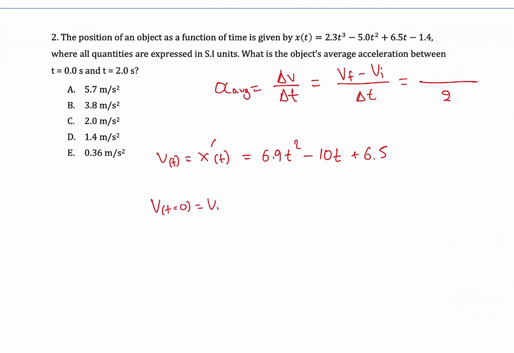This is the v initial, so 0 minus 0 plus 6.5. And the velocity when the time is 2, this is the v final, so it is 6.9 times 2 to the power of 2 minus 10 times 2 plus 6.5. We need a calculator for this.